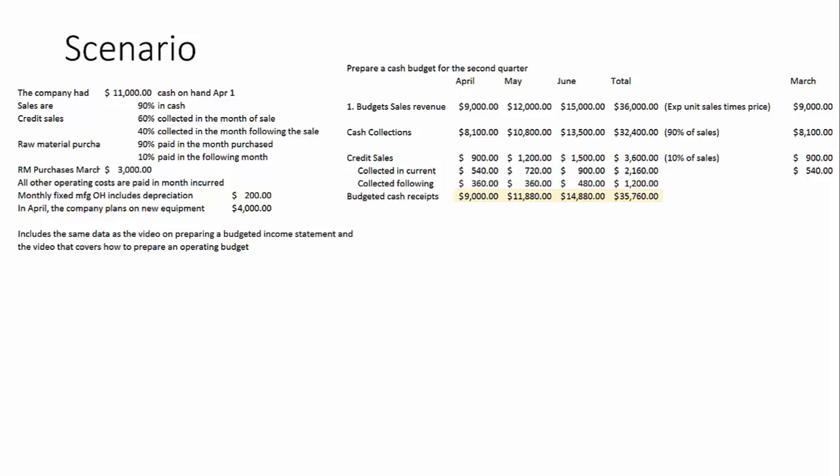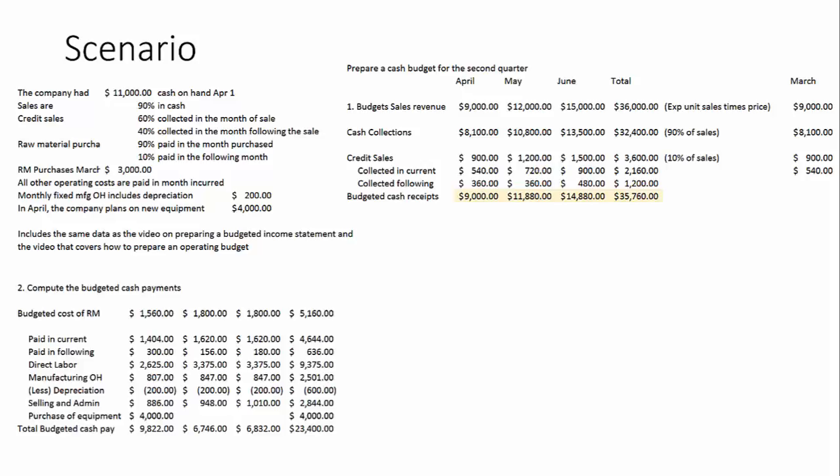In May, you go through a similar process of calculating what cash you're actually going to collect and do the same for June. Now what we want to do is compute the budgeted cash payments, the money going out.